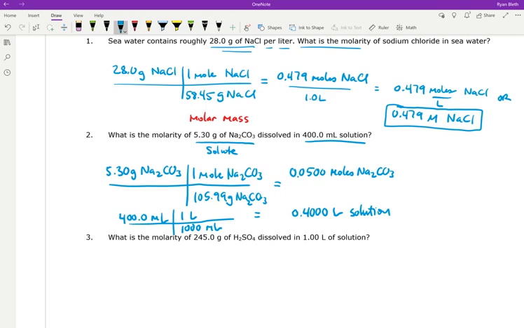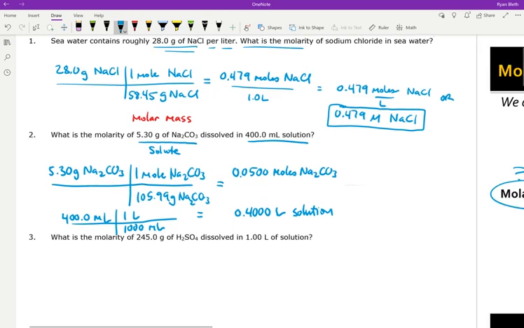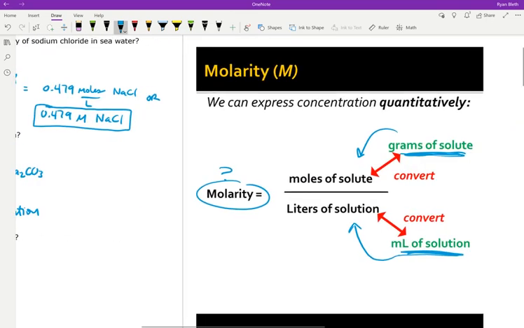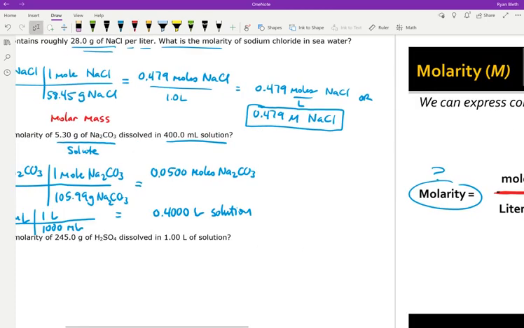So we have moles and we have liters. And according to my molarity equation, I need to take moles and divide by liters. Put a dividing line right between moles and liters, and I'm all set. Moles divided by liters, and I'll have my answer. If I divide that out, 0.125 moles per liter, or just a capital italicized M, Na2CO3.